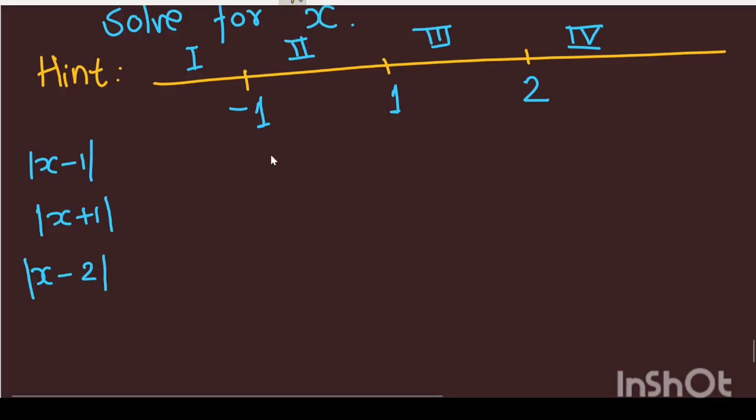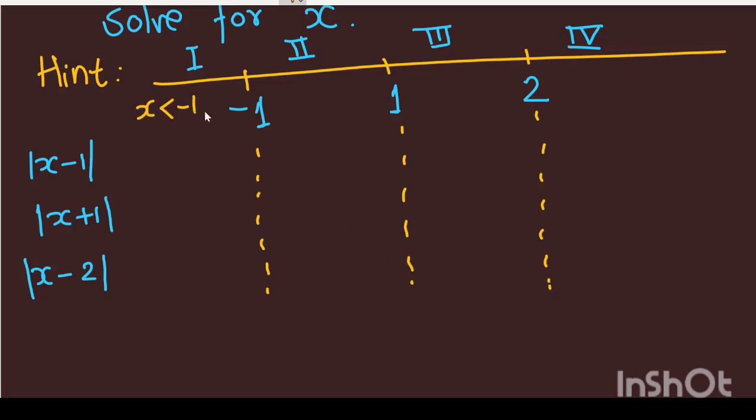Okay. Now in these 4 intervals, the first interval is x less than minus 1, the second interval is greater than or equal to minus 1, less than 1. Third is greater than or equal to 1, less than 2. Fourth is x greater than or equal to 2.